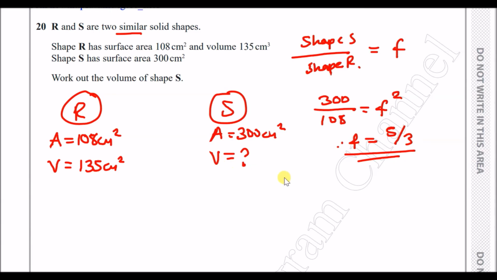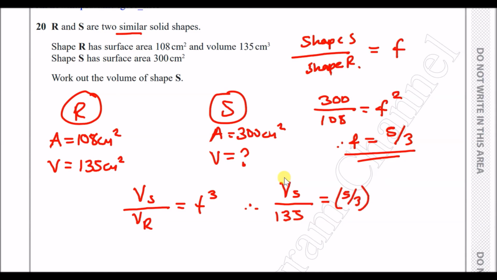So we can say that the volume of S over the volume of shape R is now going to equal a scale factor cubed. Okay? The thing is, we don't know the volume of S. But the volume of R we know is 135, and we know that the scale factor is 5/3, and that's going to be to the power of 3.